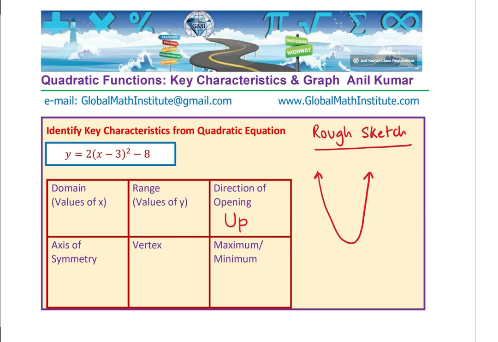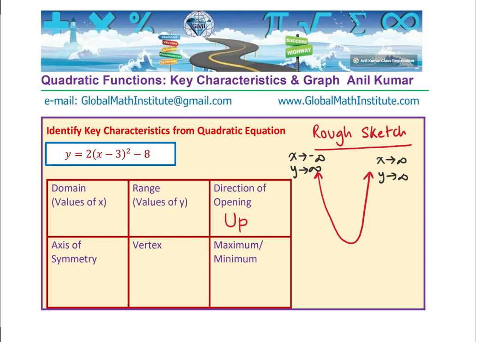Arrows at the end indicate that end behavior. So as x approaches positive infinity or negative infinity, y value also approaches positive infinity, right? Now this is the end behavior which normally teachers will talk about in higher grades and not in the very beginning. Like grade 9, grade 10 students normally do not talk about this.